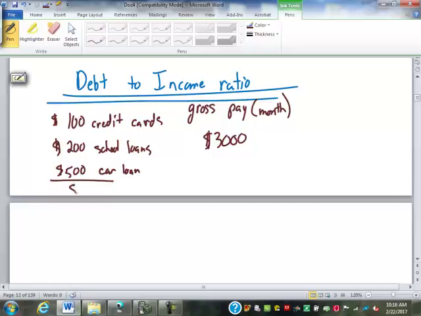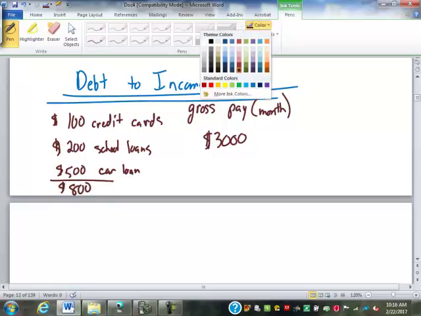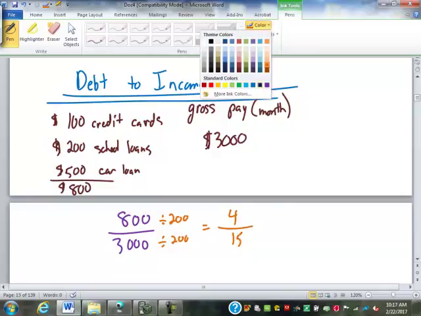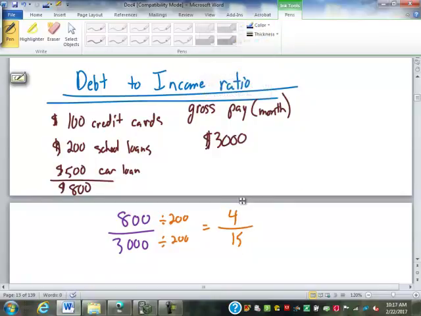You already have $800 per month in debt payments. So your debt to income ratio is $800 to $3,000. Both of those can be divided by $200. That is a 4 to 15 ratio. The debt to income ratio is usually a little weird.